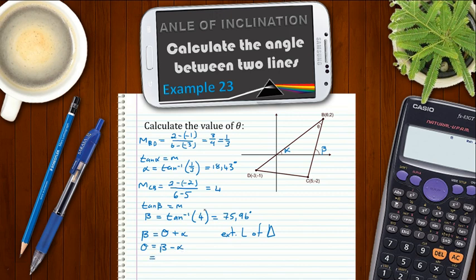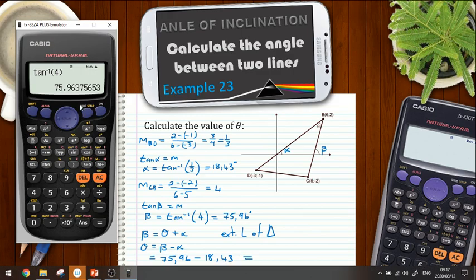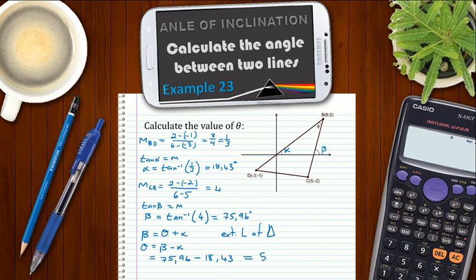And then substituting in our values, we have 75.96 minus 18.43. And let's see what that equals. So this is then equal to 57.53 degrees.